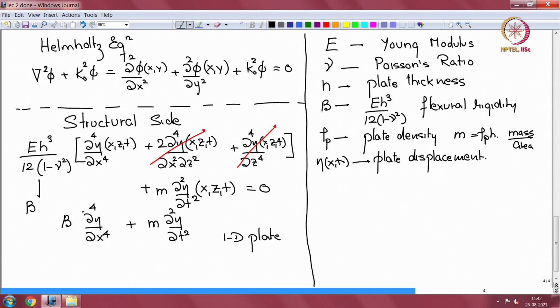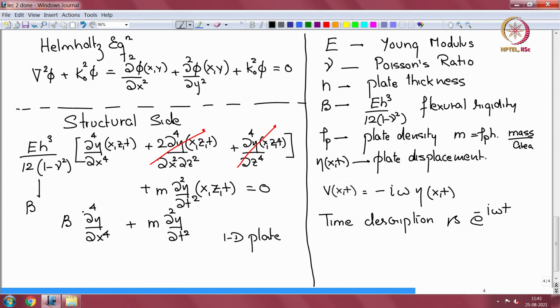Okay, and v of x comma t is minus I omega eta of x comma t, because my time descriptor, or the harmonic descriptor, is e to the power of minus I omega t.